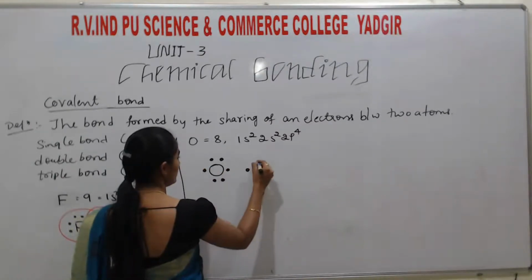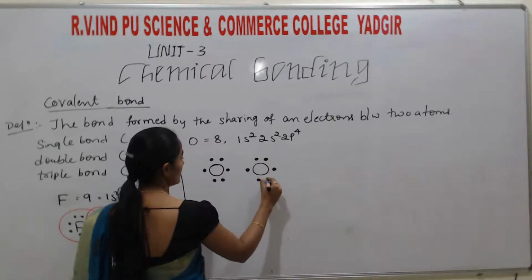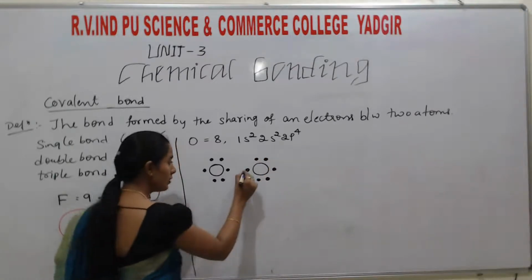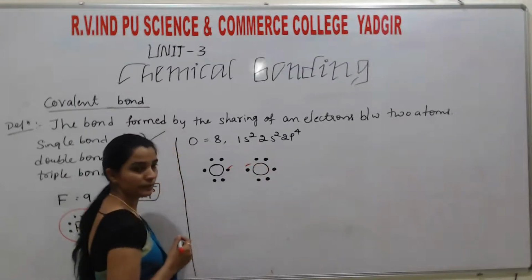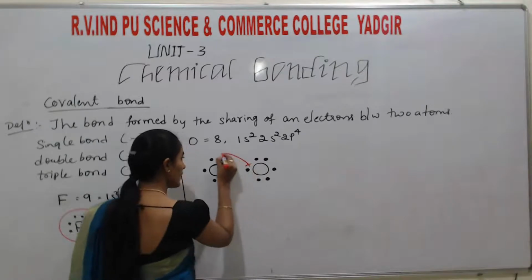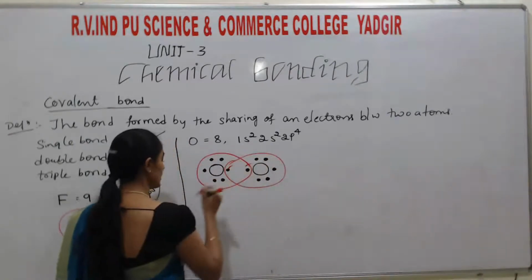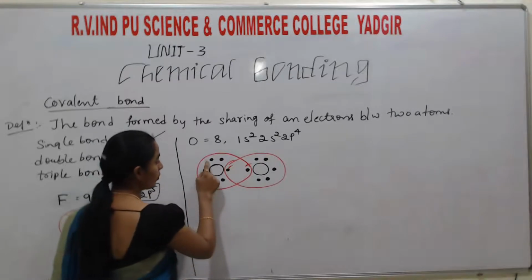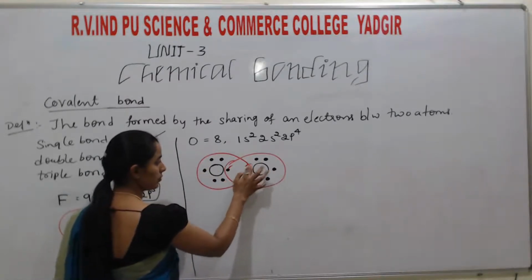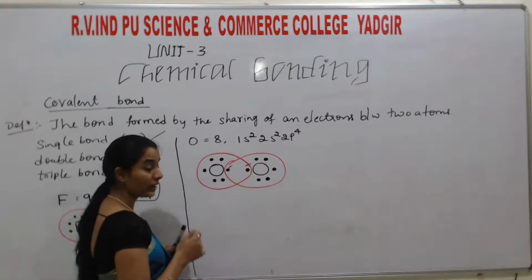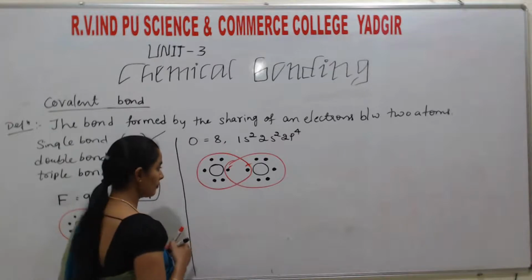Here also 1, 2, 3, 4, 5, 6. Initially you consider these two electrons. Okay, when the bond takes place, students, initially you consider this, then it forms what? 2, 4, 6, 7 electrons. So again, one electron is less to attain noble gas configuration.